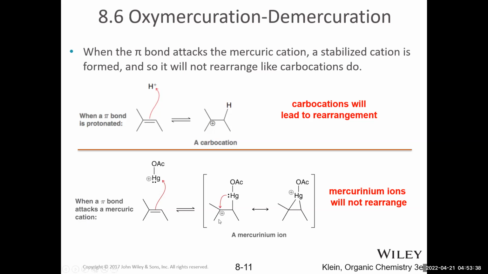Instead, it's a carbon that's positively charged, but is stabilized by electrons on the mercury. So sometimes people draw this three-membered ring, which is called a mercurinium ion. But because the electrons on the mercury are helping to stabilize the positive charge, there's less positive charge on this carbon, and it is not subject to rearrangement.